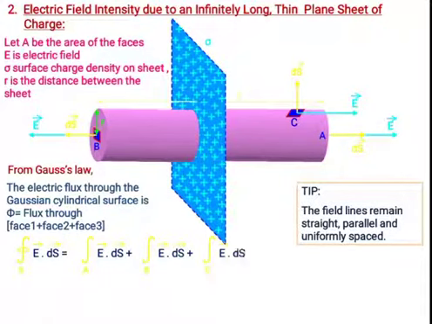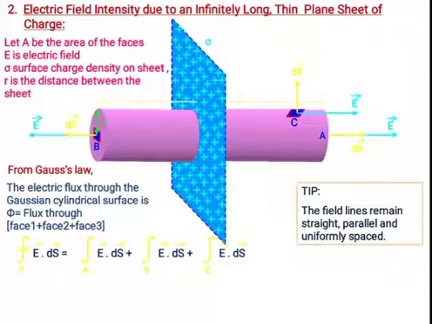So here the integration of E dot ds is the total electric flux. We know this integration over a closed surface is the E ds of one face. Face number 1 is here.